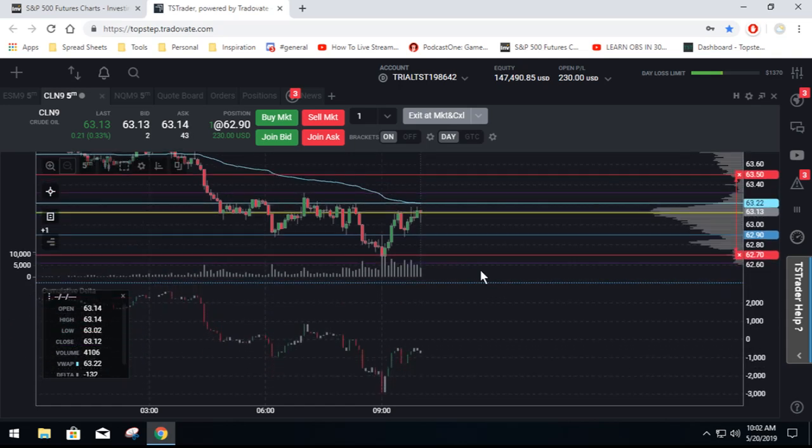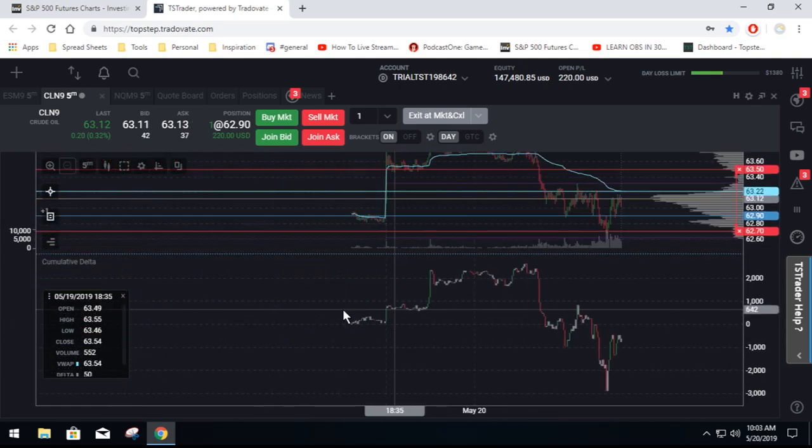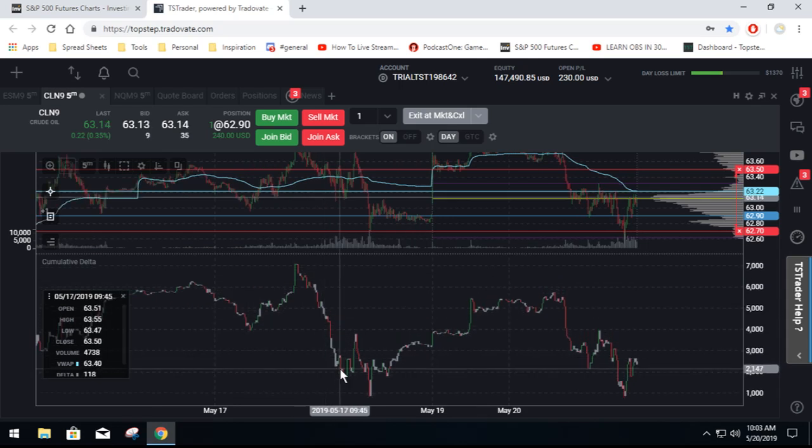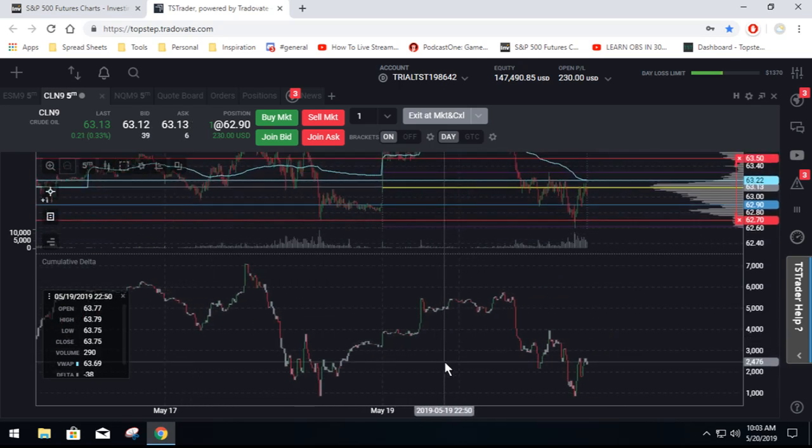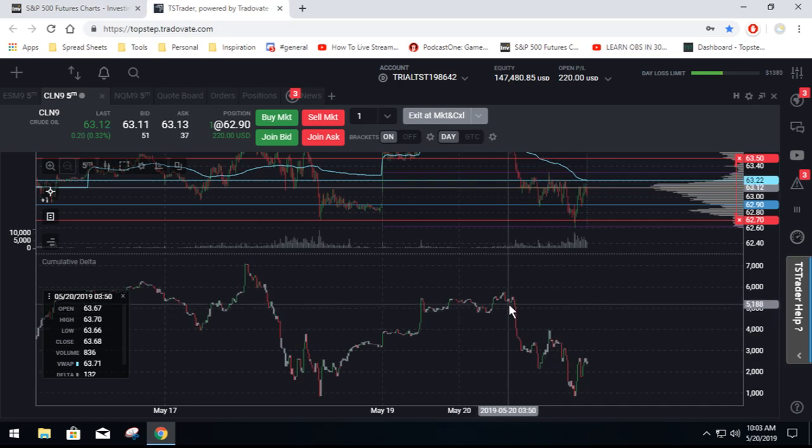So let's look at Delta. You can see we lost some contracts earlier this morning from London Open. We lost a lot more contracts than we gained on the Open.